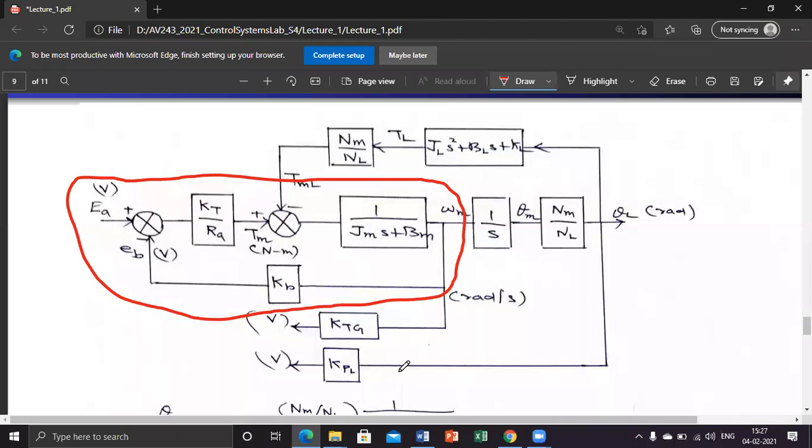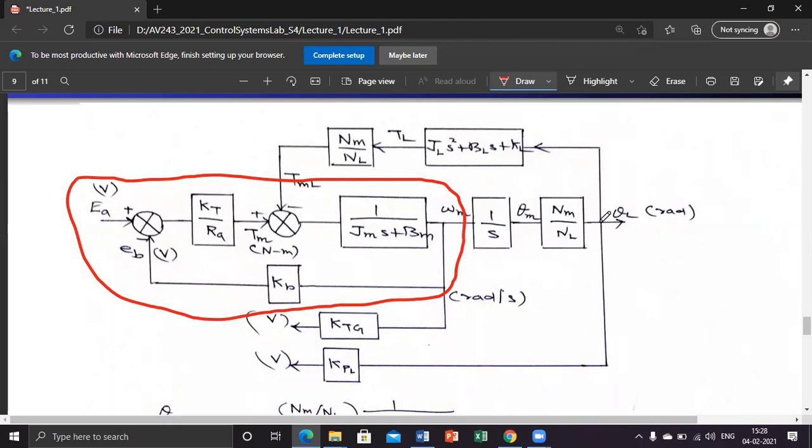So the cause for the motion is torque, the effect is motion. If you give input as TL and get output as theta L, that is called forward dynamics. But we are considering the inverse dynamics to complete this loop.